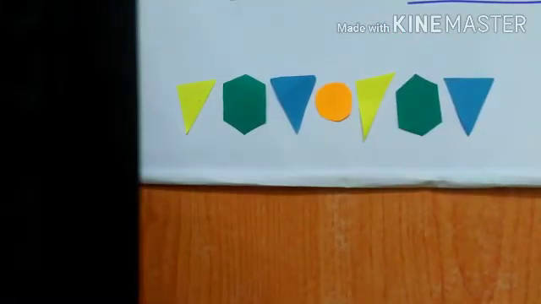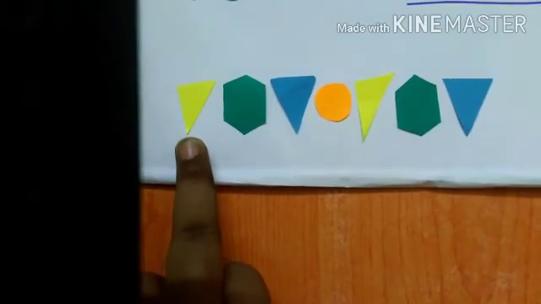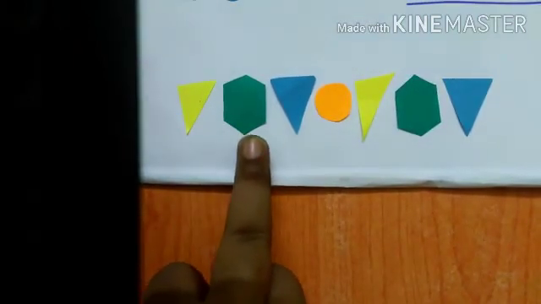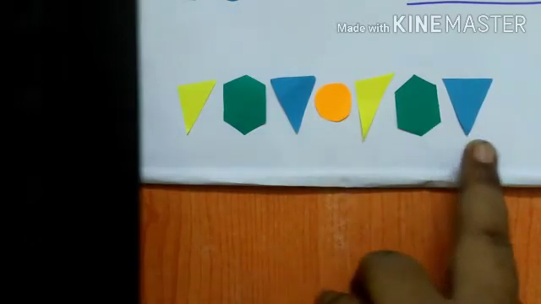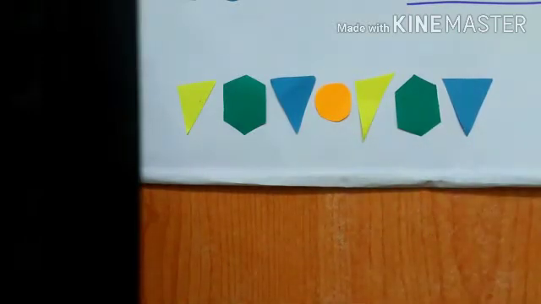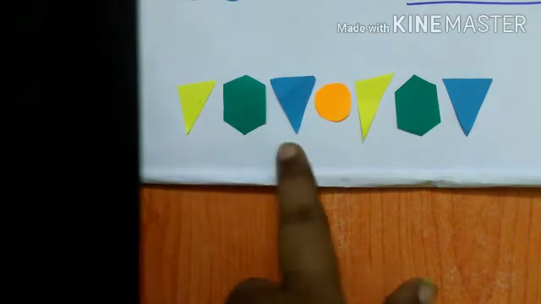Children, look here and identify the patterns. Triangle, hexagon, triangle, circle, triangle, hexagon, triangle. Here different colors and different shapes are used, but the shapes are arranged in an order, and that is what we call a pattern. Here there are two triangles, but the colors are different.